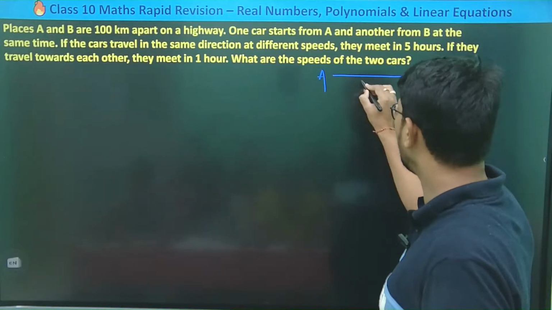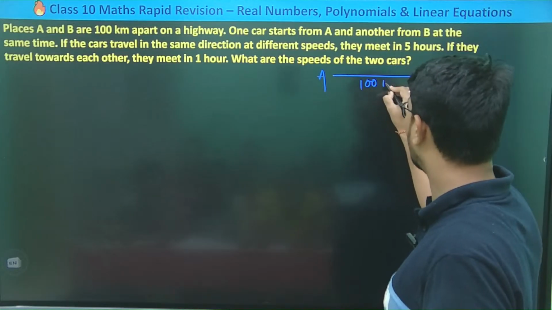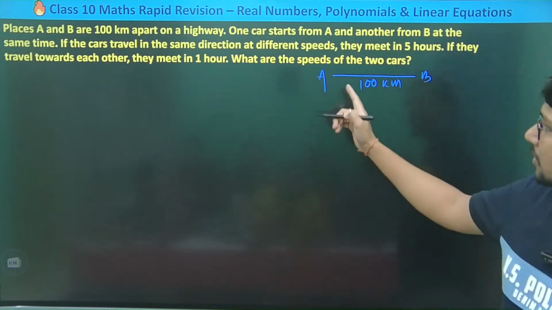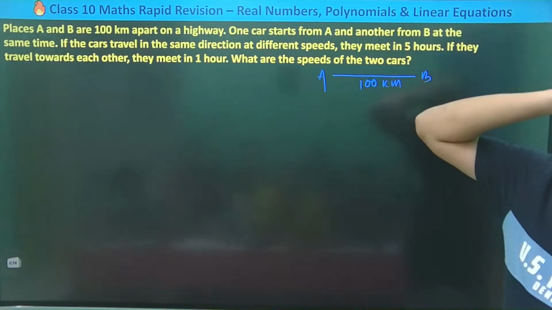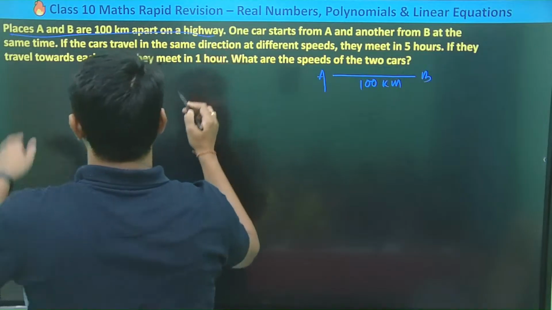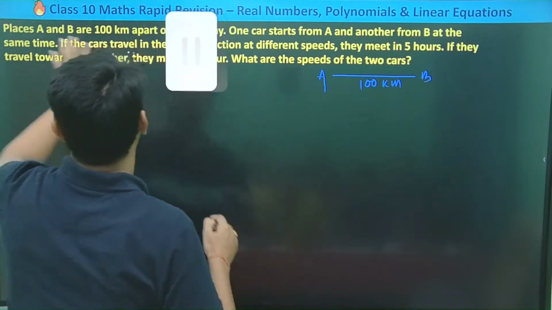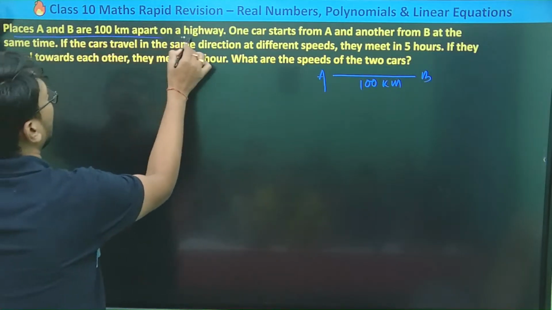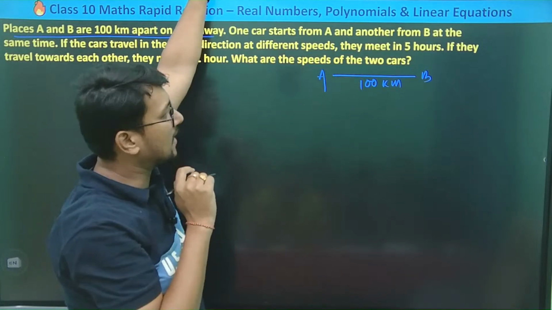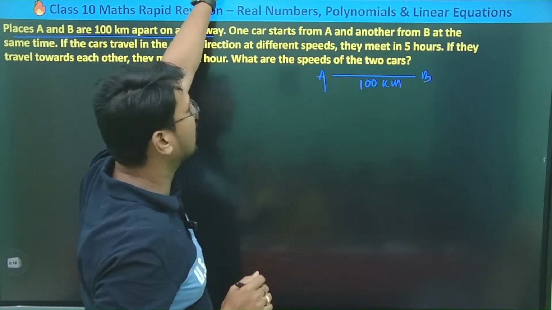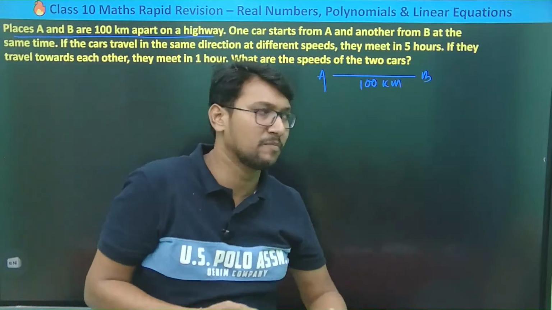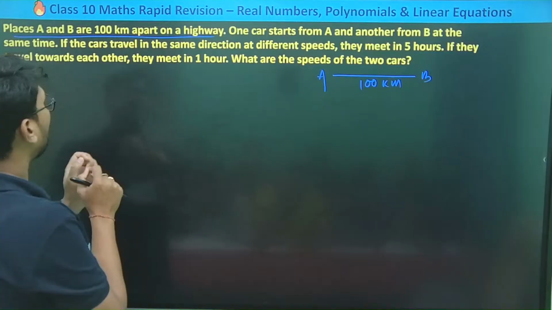So the distance between A and B is how much, children? 100 kilometers. Understood? Distance between A and B is 100 kilometers. This part is over. Now, one car starts from A and another from B at the same time, meaning both have started at the same time.